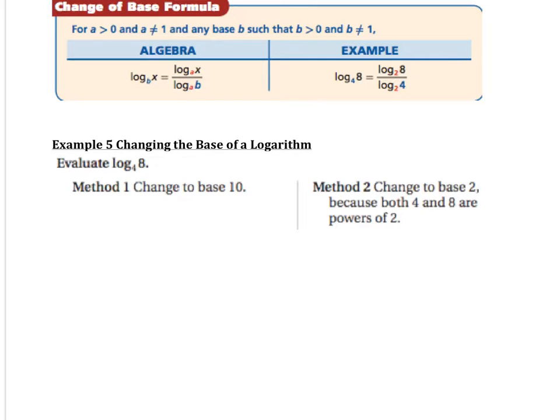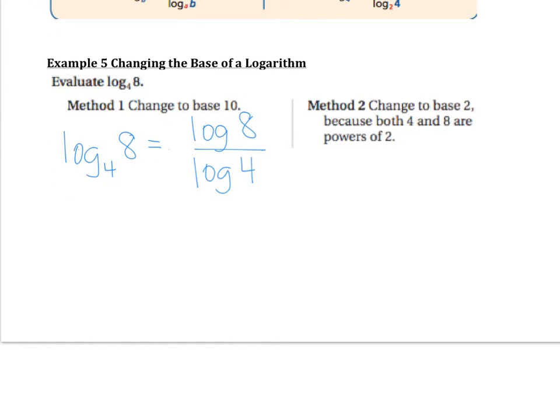So to change and evaluate the log base 4 of 8, I'm just going to rewrite it. It's always the big number in the numerator, and the denominator is the log of the base. Put that in the calculator and you get 1.5. We're not going to change it to any other base.